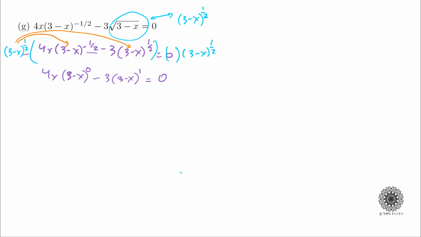And on this side I'm multiplying by 0, so nothing changes. Now anything to the 0th power is 1, so I end up with 4x minus 3 times 3 minus x equals 0. So I get 4x minus 9 plus 3x equals 0. So I end up with the linear equation 7x equals 9, or x equals 9/7. And there it is.